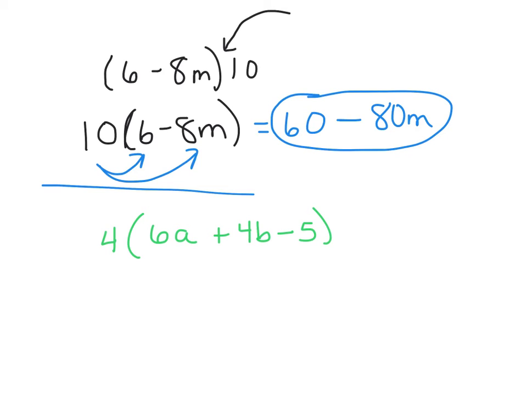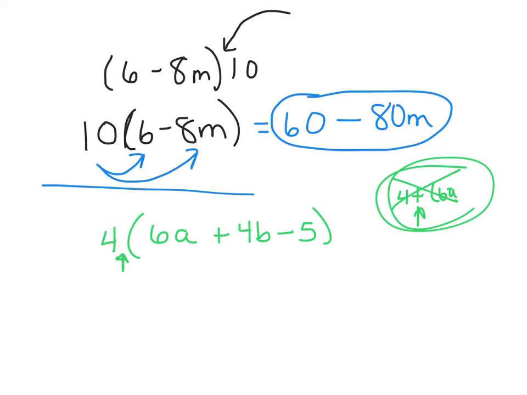Everything in the parentheses gets multiplied by the 4. Again, how do I know that? It's because there's nothing between the 4 and the parentheses. If it had been like this and the rest of it was filled in, I would not be distributing through because of the plus. So if you see anything in between the parentheses and the number, then you're not going to be distributing. Okay, so having said that, let's go back.